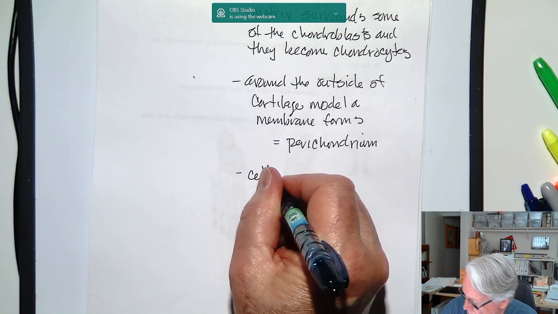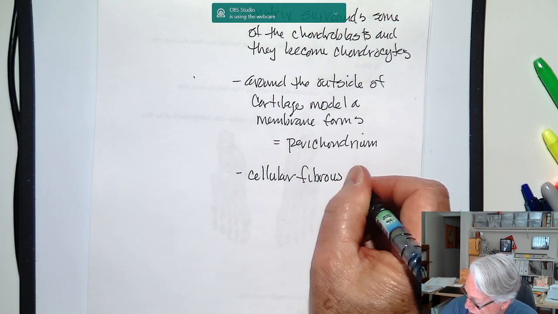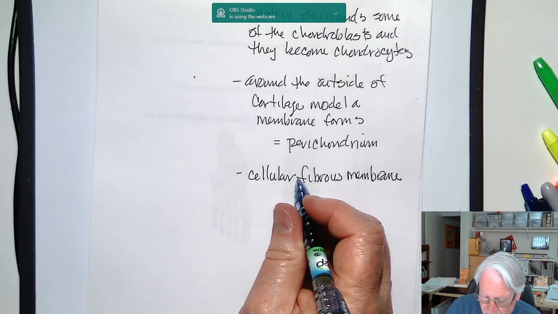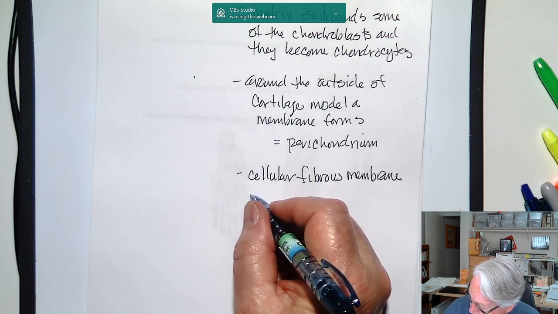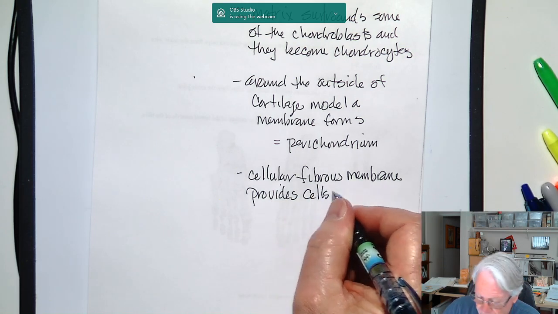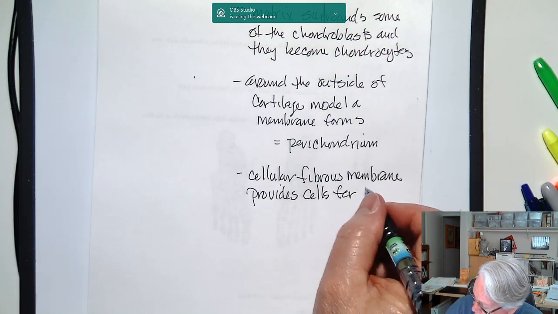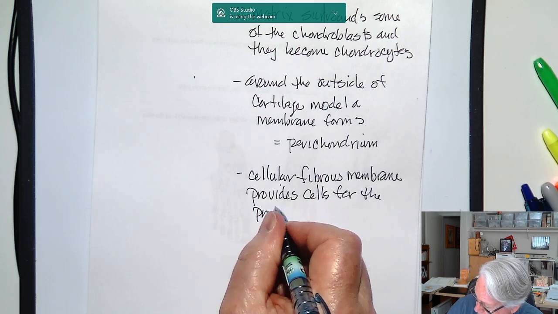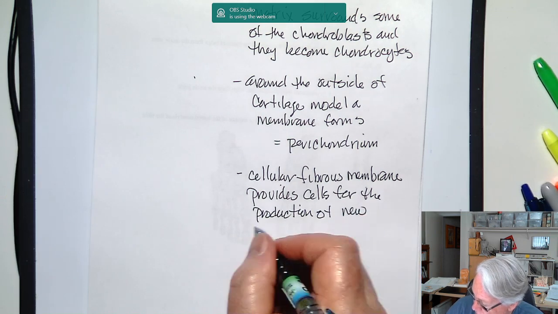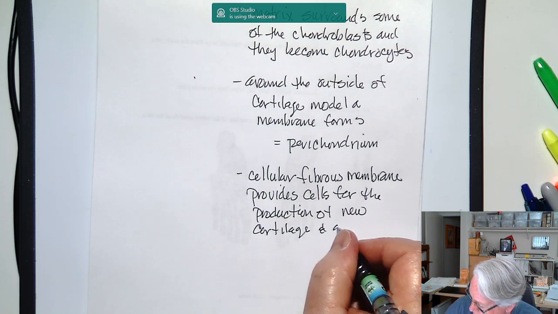This cellular, fibrous membrane is going to provide cells for the production of new cartilage and growth.